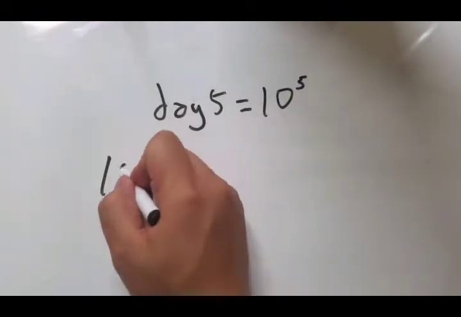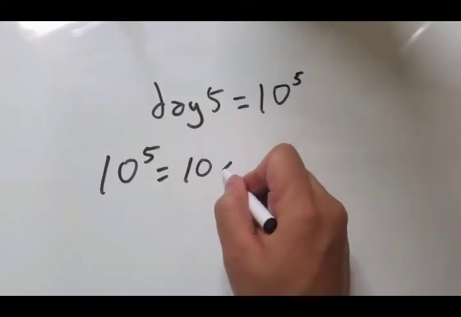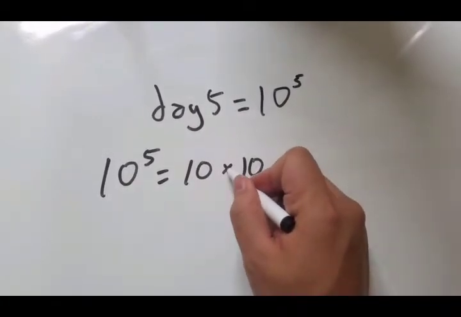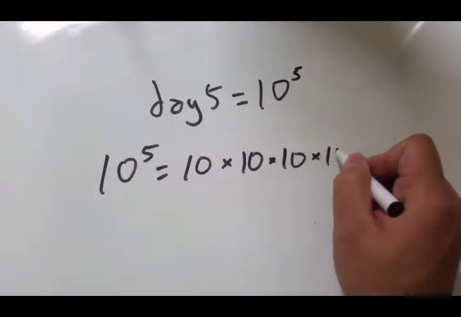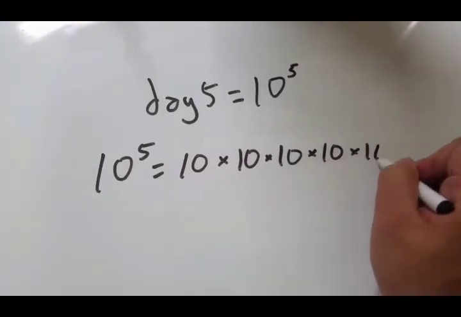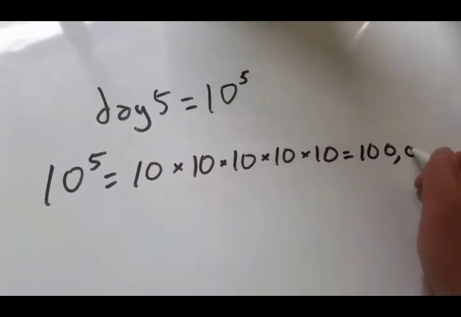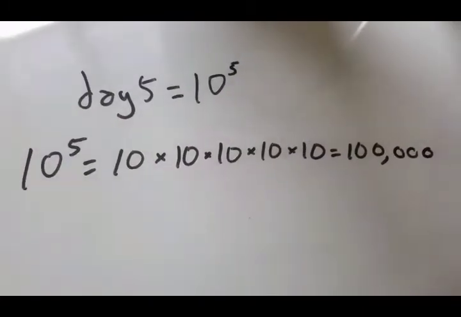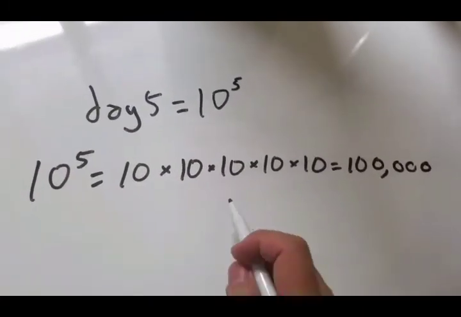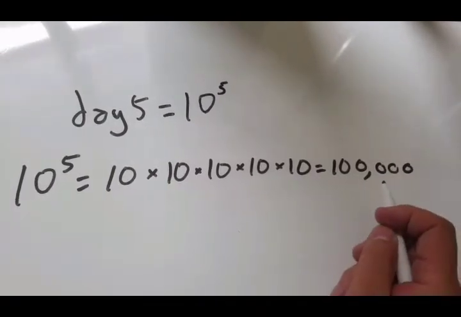So we know that 10 to the power of 5 equals 10 times 10 times 10 times 10 times 10, which equals 100,000. So by day 5 of the zombie apocalypse, we get 100,000 people infected.